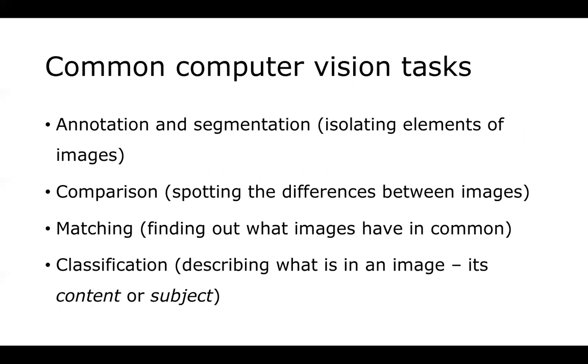Matching, finding out what images have in common. And classification, describing what is in an image, its content or subject. Perhaps the cutting edge of computer vision is represented by this last task here, the part of computer vision that seems closest to so-called AI, artificial intelligence, of which computer vision has been a pioneer.